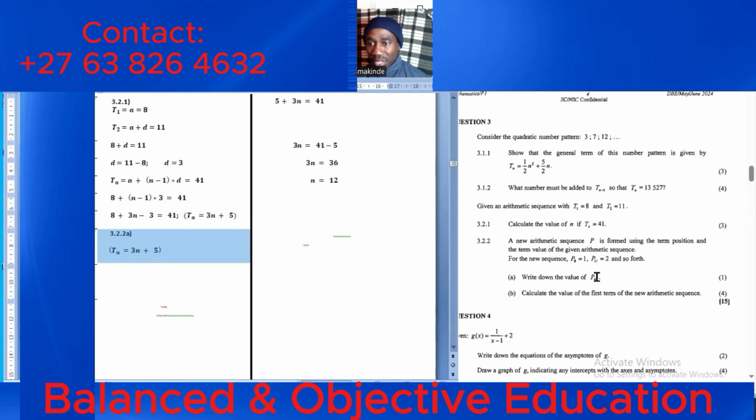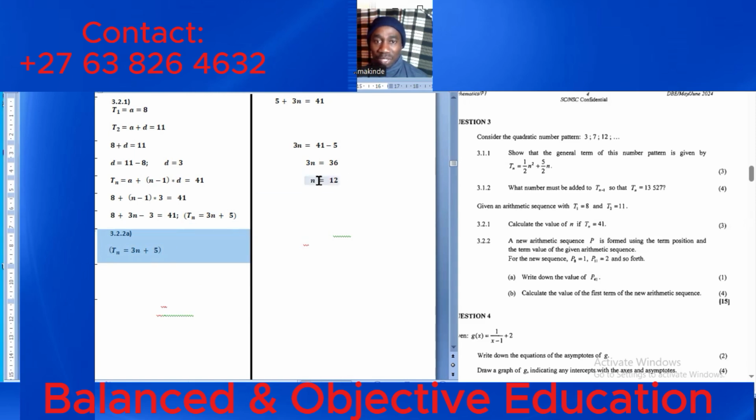So all you just need to do here is to substitute this 41, which is position 41, into the Tn expression for the original sequence. If you put 41 here and you solve for n, you will arrive at an n value of 12, which is what we have here.